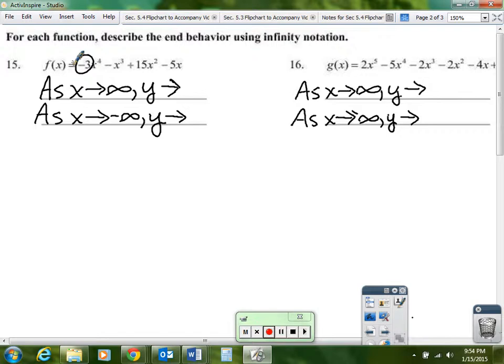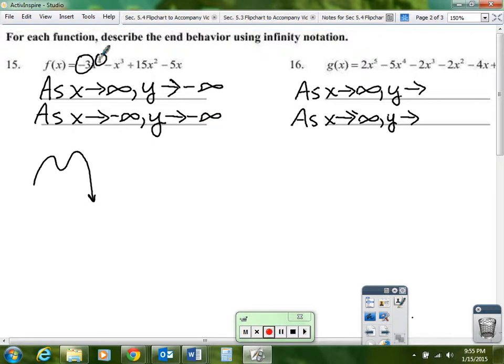This is a quartic, so the graph is going to look like an M. Therefore, it is ending negative. Therefore, on the far right-hand side of the graph, y is approaching negative infinity. On the far left-hand side of the graph, it is also approaching negative infinity because we have a quartic.